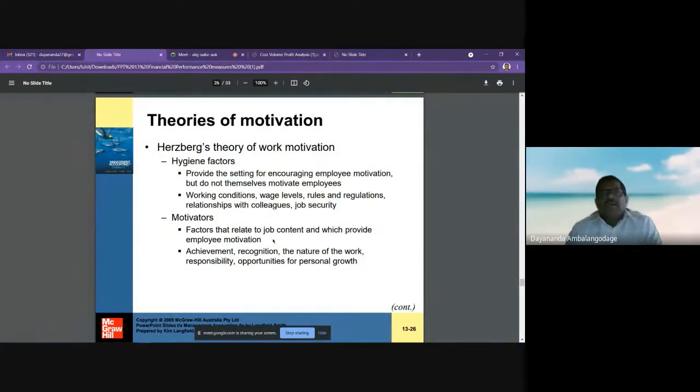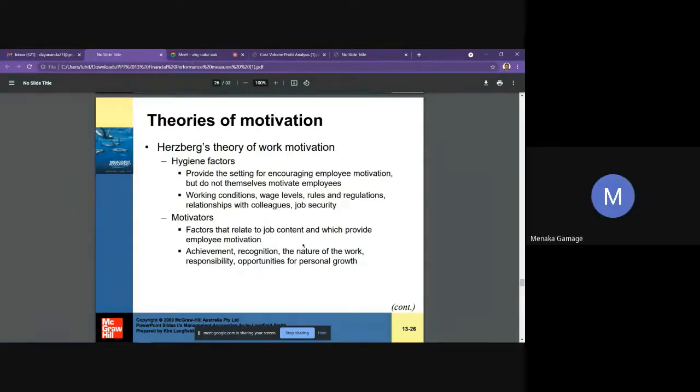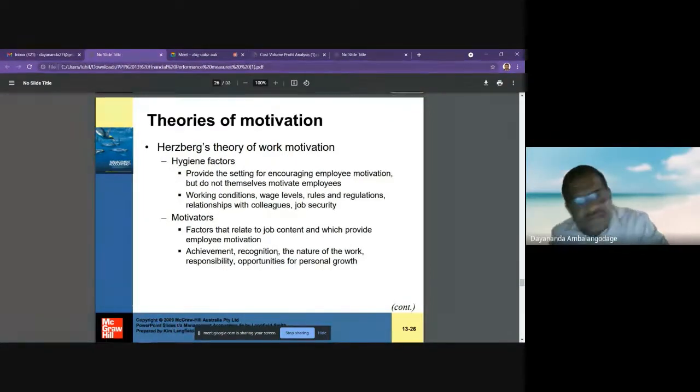So if you are in a bank grade 1 or whatever, you should be in a position to go to grade 2, then grade 3, likewise. So there should be a career path for you to go to the top level of the organization. So that's a motivation factor. You may work hard, but if you know that throughout my life my position would be this, then you are not motivated. So achievements, recognition, nature of work, responsibility, all these are motivator factors.